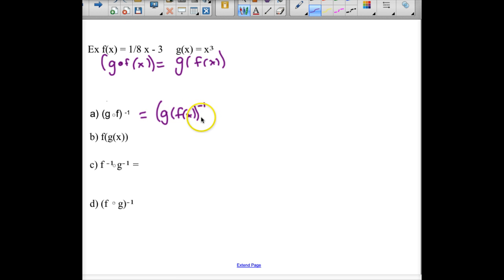So first of all, let's take f of x and put it inside of g. So we're going to take that and put it inside here where there's an x. So we're going to have something to the third power, (1/8 x minus 3) to the third power. But we want the inverse of that. So if that's our function, there's two ways to get the inverse.